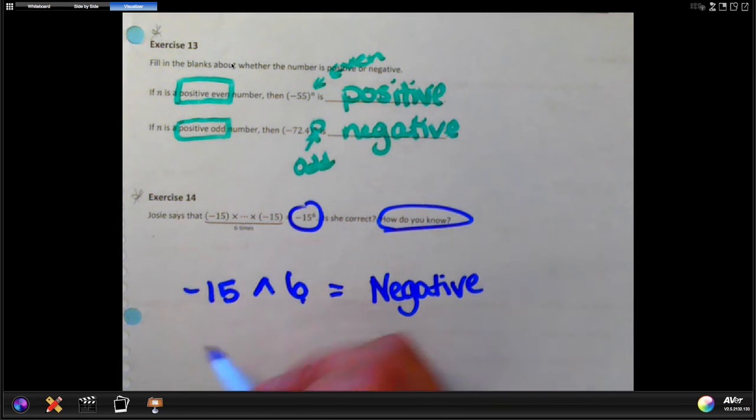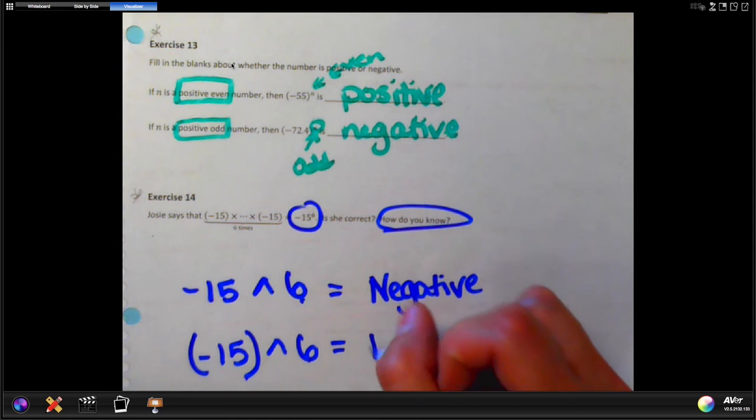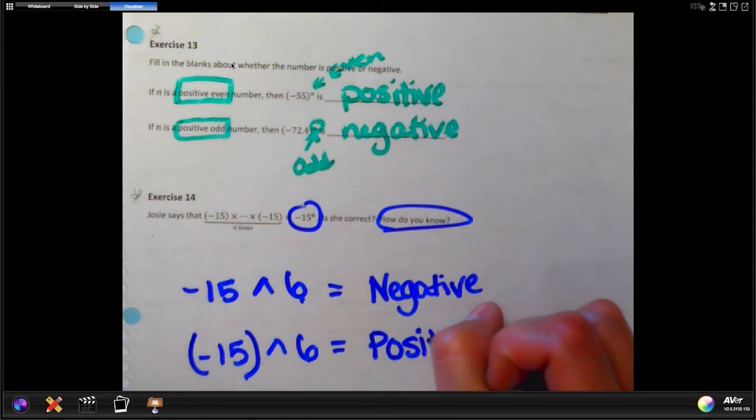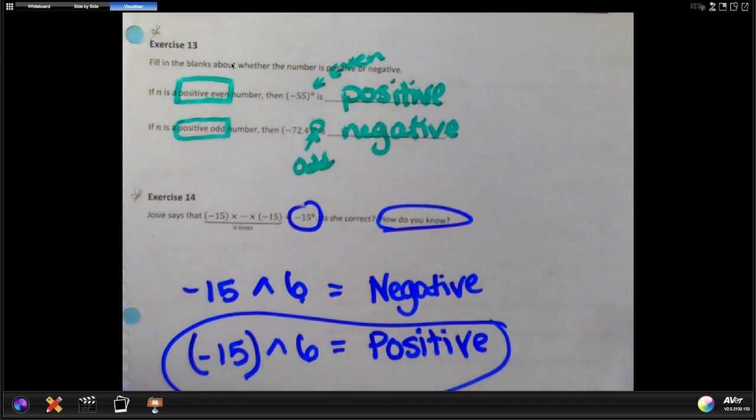The way we get it to work out is we use the parentheses. Her mistake is that she forgot those parentheses. If you type it in your calculator with them, it will come out positive, and this is the correct way. So we know that she was incorrect because she forgot to use parentheses on her exponential notation.